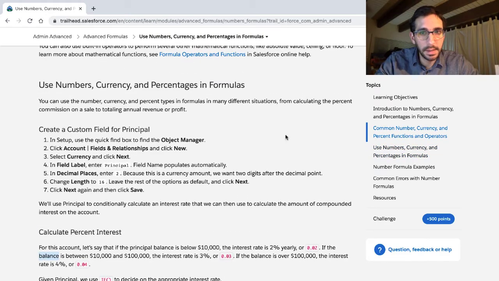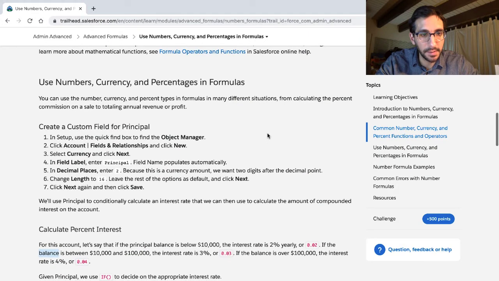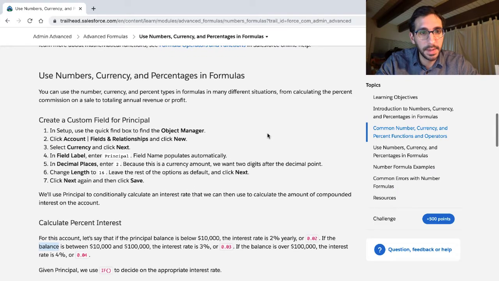Okay, I'm in the middle of trying to do this formula, and if you're getting a little confused about principles and such, I also was, and I wish that what we did here was we said, okay, we're going to help you calculate the percentage of a mortgage, what the rate should be, based off of the value of the principal.